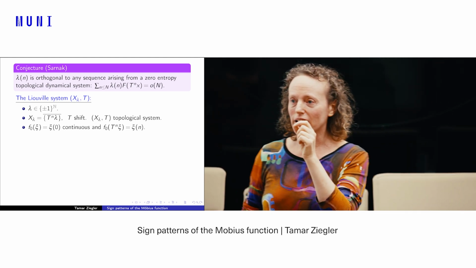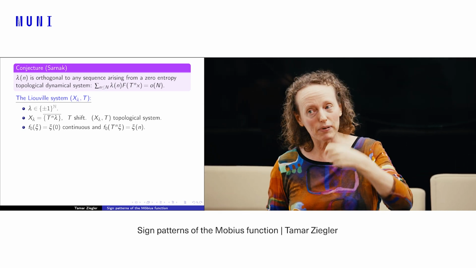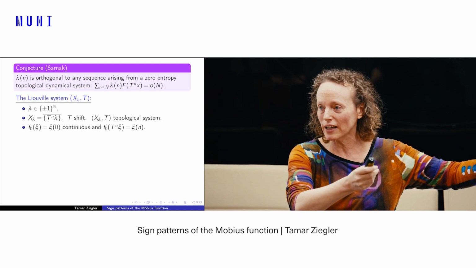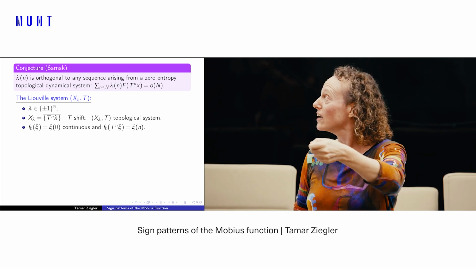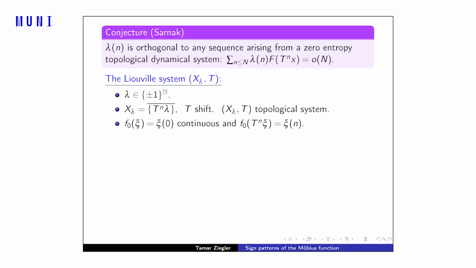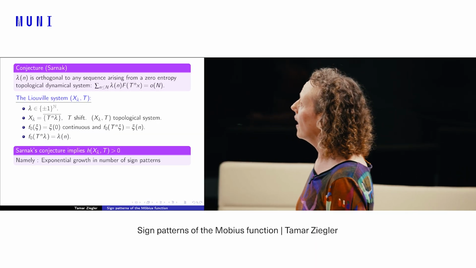And it's very nice because if I take a point xi and I apply this f_0 to T^n xi, that's just shifting to the nth point. This is exactly giving me the sequence at the point n. So f_0 of T^n of a point xi is just xi(n), the sequence at the point n. Why did I want to bring this?